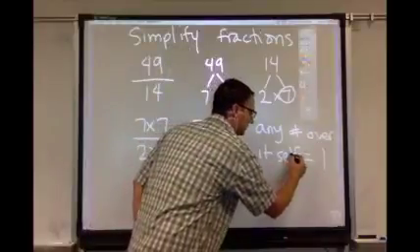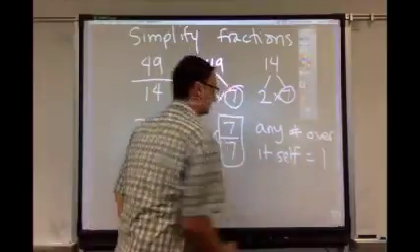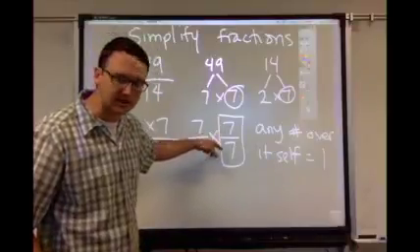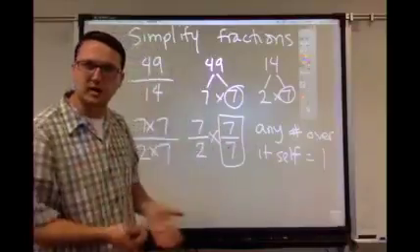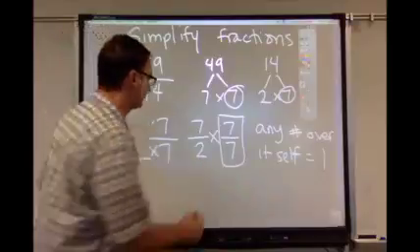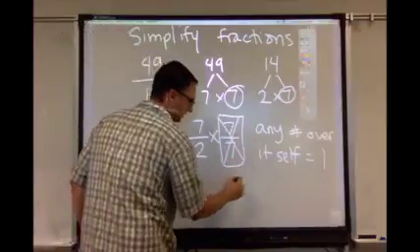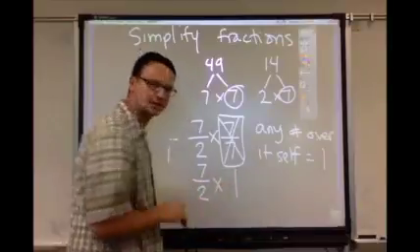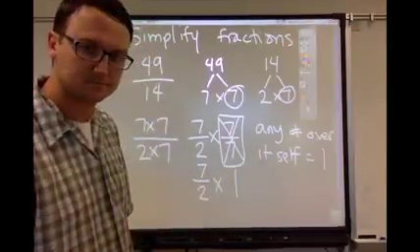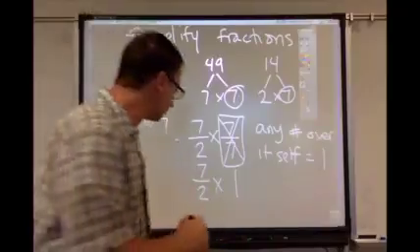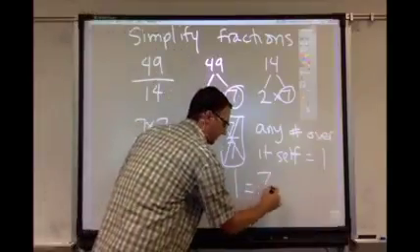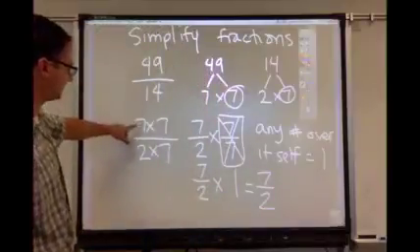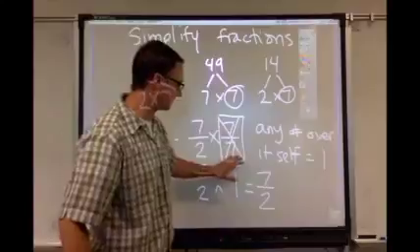So when we are looking at fractions, if it's 1 over 1, or a million over a million, or 7 over 7, that's equal to 1. Anything times 1 is itself. So this becomes 1, and 7 over 2 times 1 is itself. So we can actually just say this is equal to 7 over 2. So we took it from this, went to this, and realized that 7 over 7 is 1.